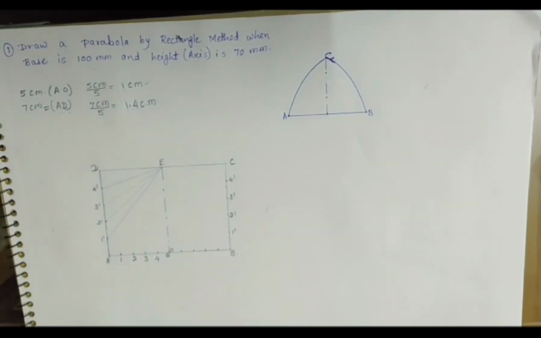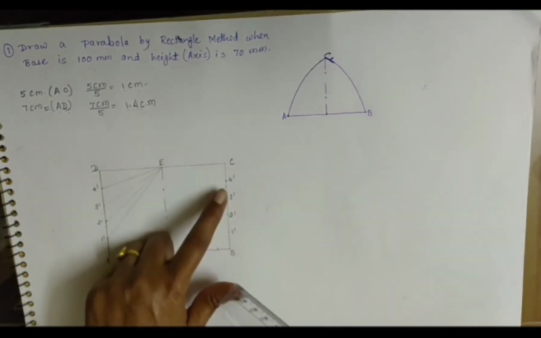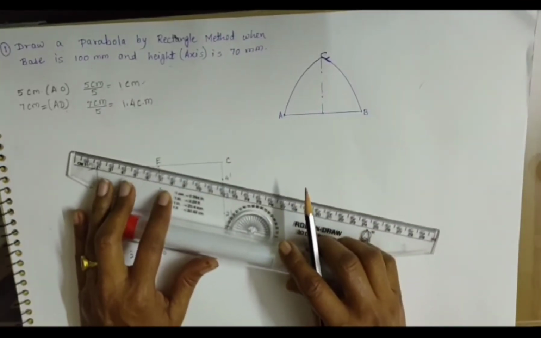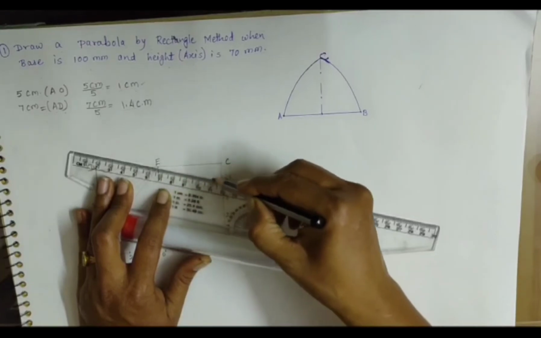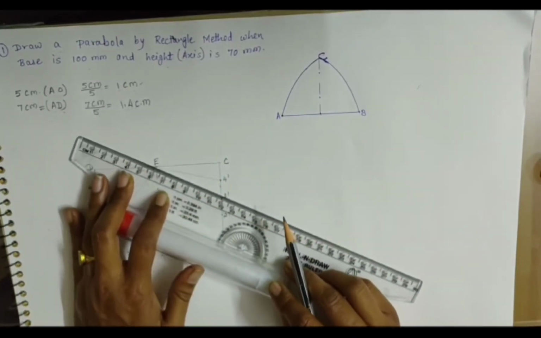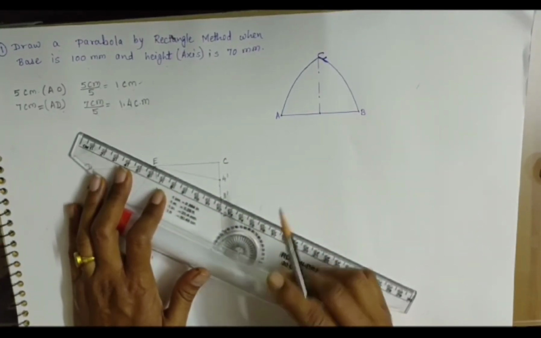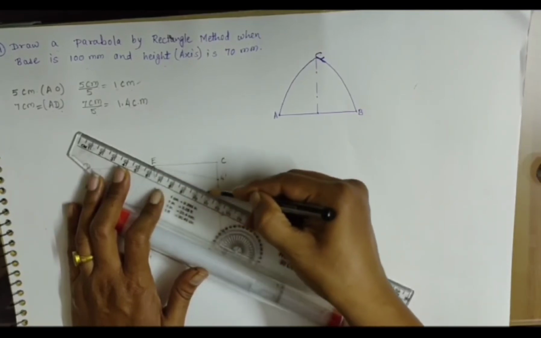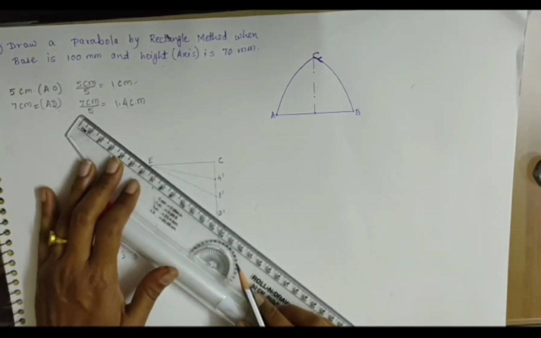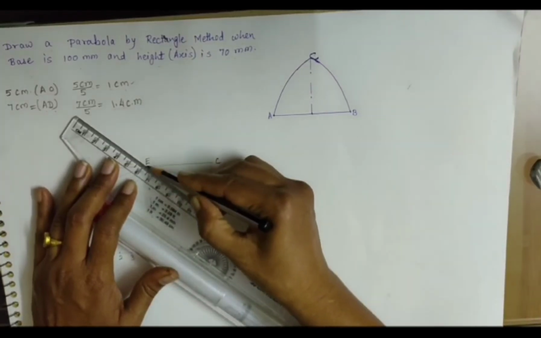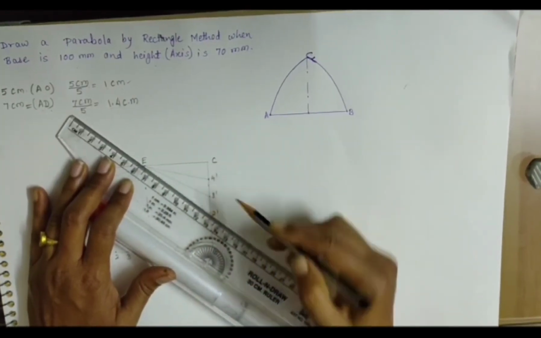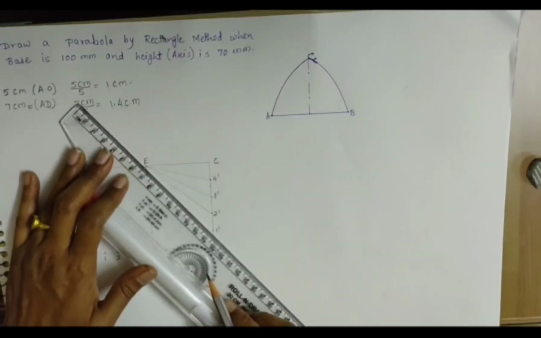In the similar way we will do here also. Join 4 dash with E, 3 dash with E, 2 dash with E, and 1 dash with E.